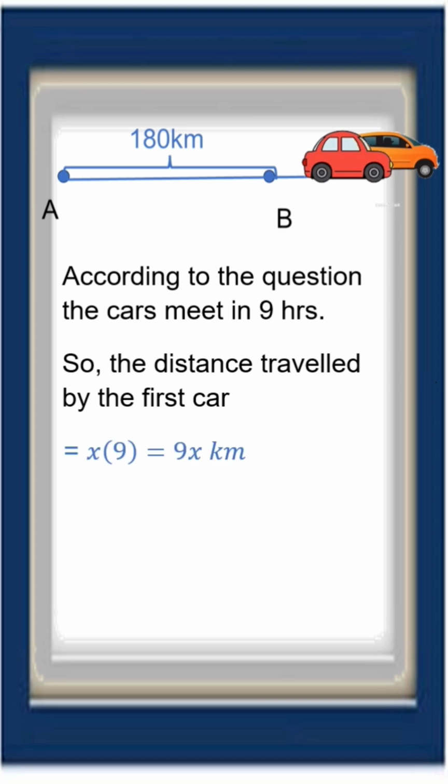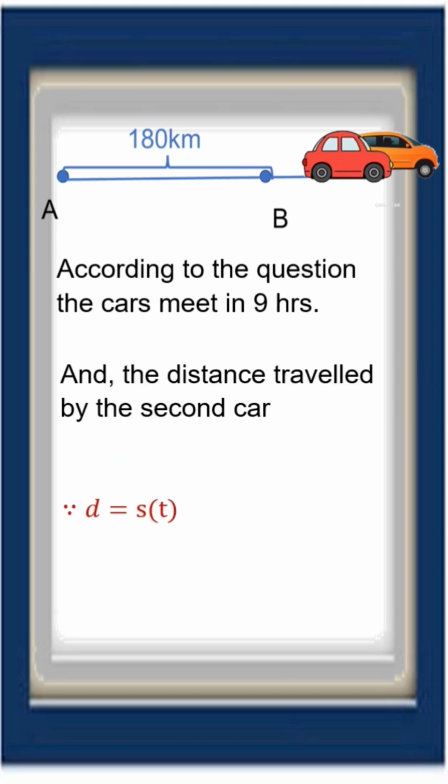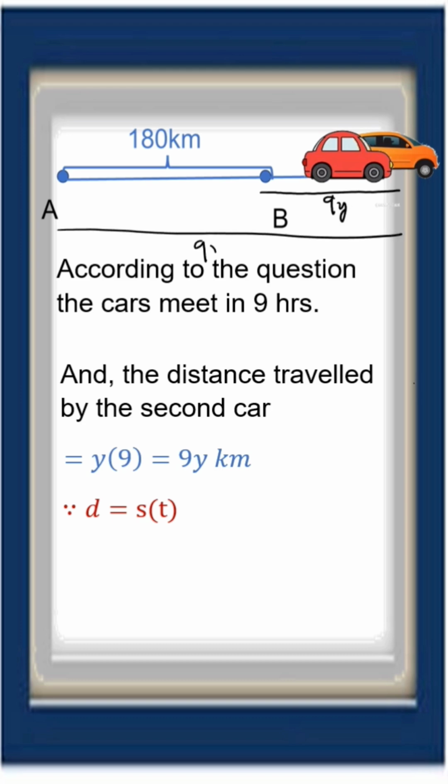Speed is x and time is 9. So distance traveled by the first car is 9x kilometer. And distance traveled by the second car is, by using the same formula, 9y. This is 9x, this is 9y.